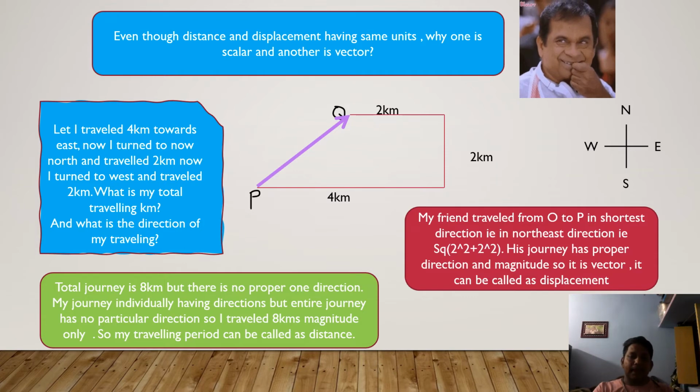That is the magnitude, and the particular direction is northeast. So it can be called a vector, and the direction is northeast. So we can call this traveling a displacement.